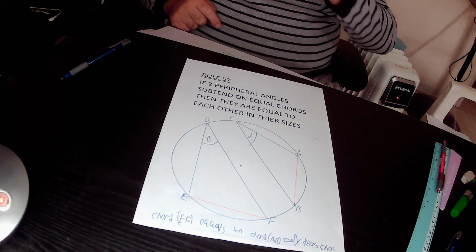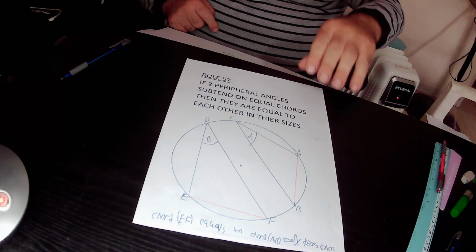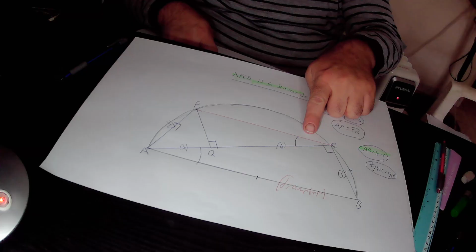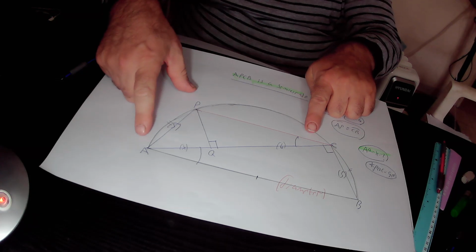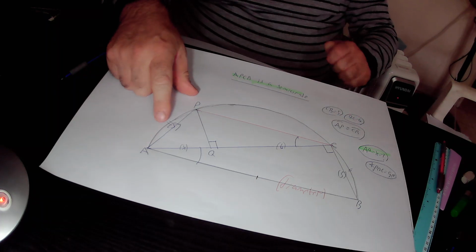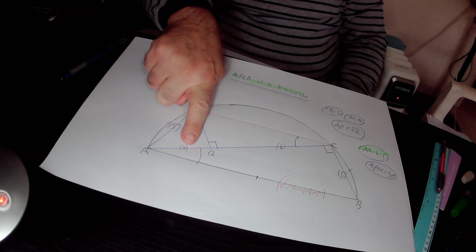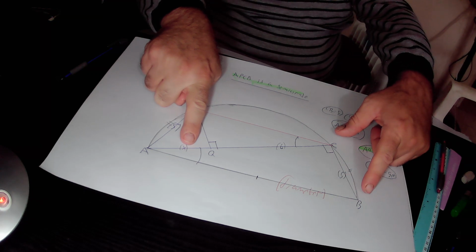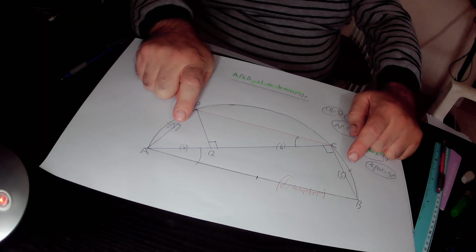Okay, so we can implement Rule 57 in our drawing. In our drawing, this is triangle PCA that subtends on this chord called PA, which equals 5 units in its length. Likewise, this is triangle ACB that subtends on this chord CB, which is also equal to 5 units in its length.